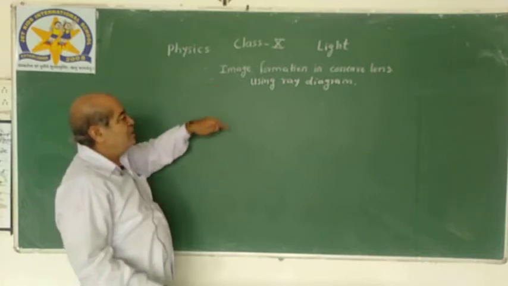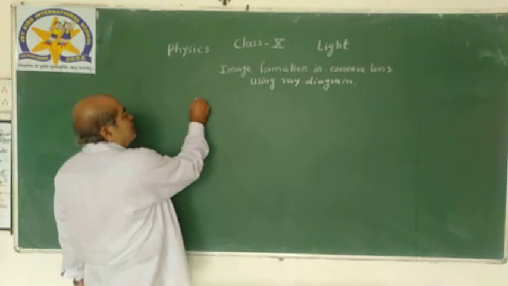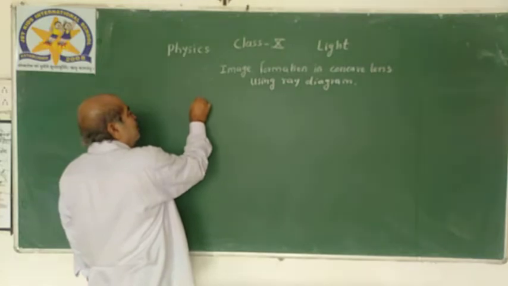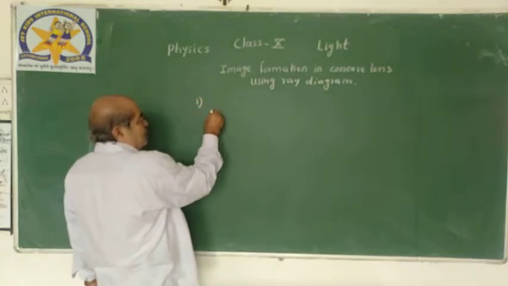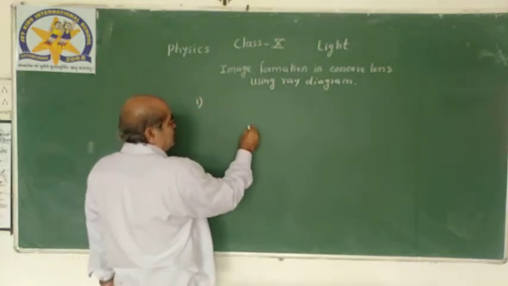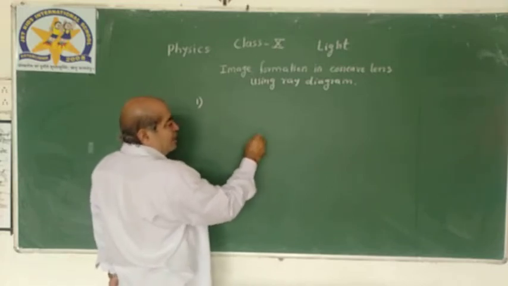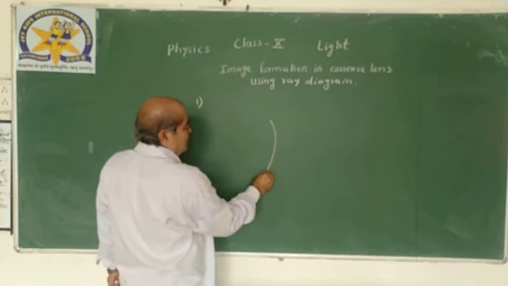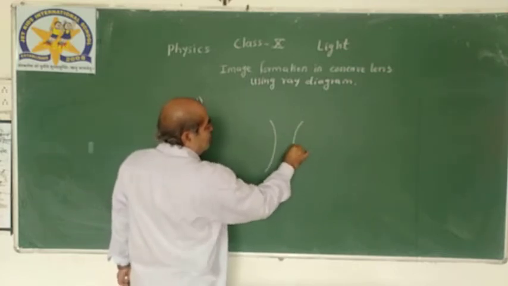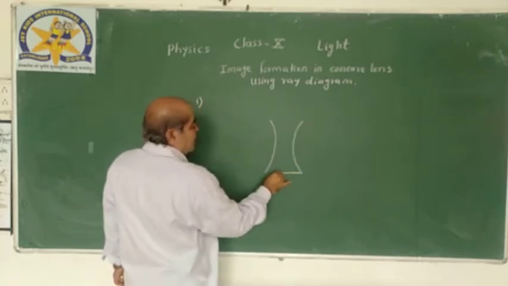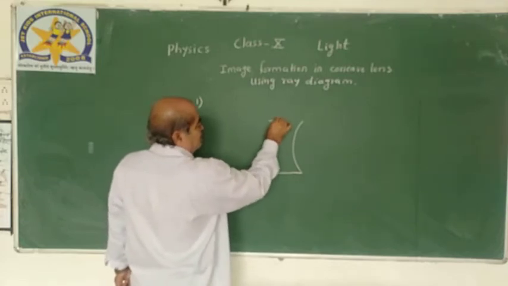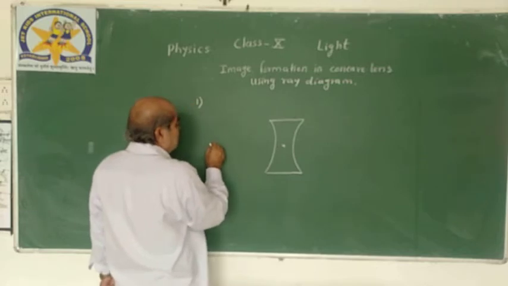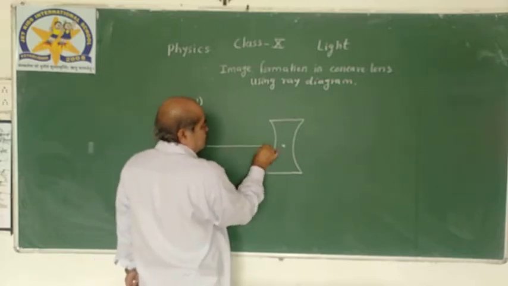Today we see, again, there are three rules for drawing the ray diagram. And the first rule is, when a ray of light parallel to the principal axis is incident on the concave lens.